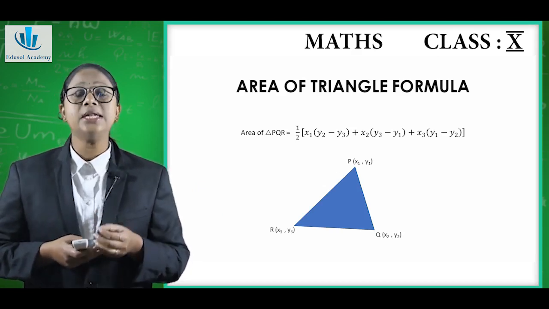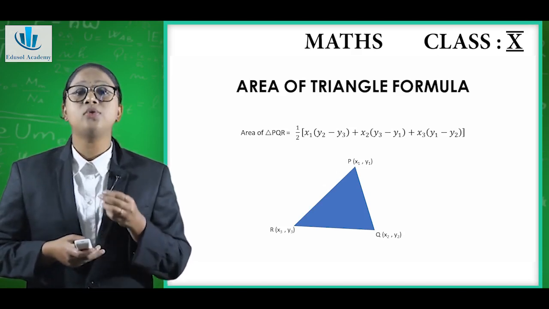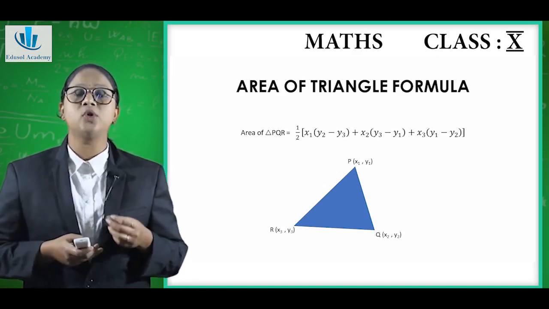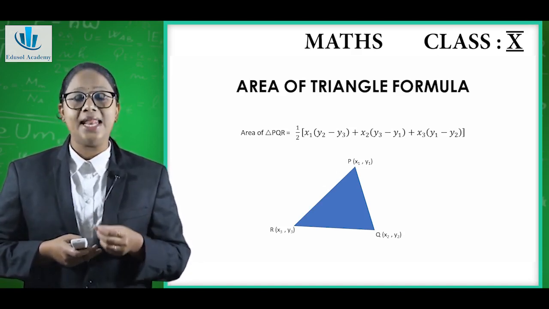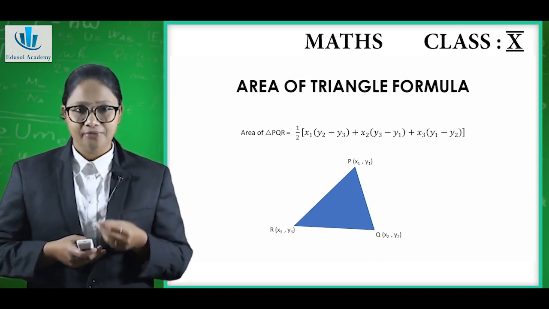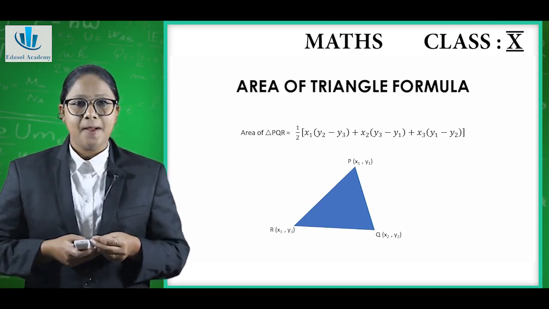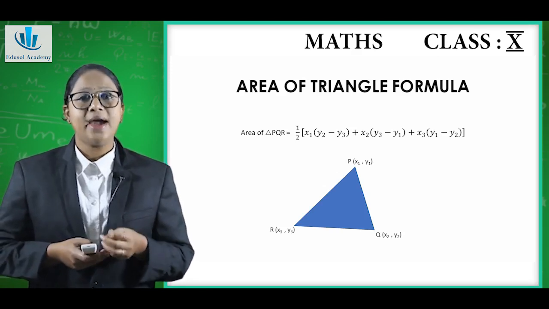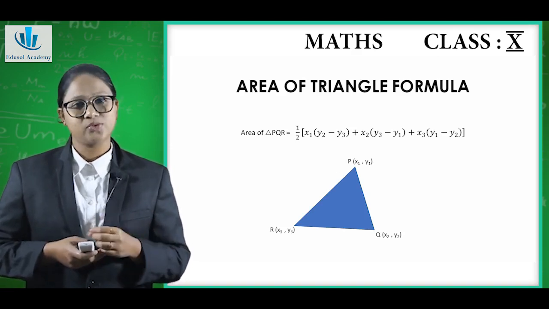As indicated, the coordinates of P is x1, y1, those of Q is x2, y2, and those of R is x3, y3. Now the equation for area of triangle PQR is given by half into x1 into y2 minus y3 plus x2 into y3 minus y1 plus x3 into y1 minus y2.